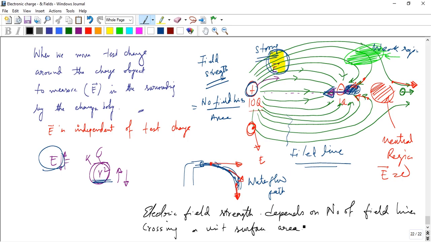Okay, and the field line is Faraday's concept, the concept of the electric field line.